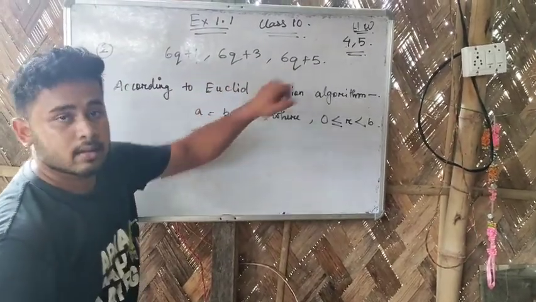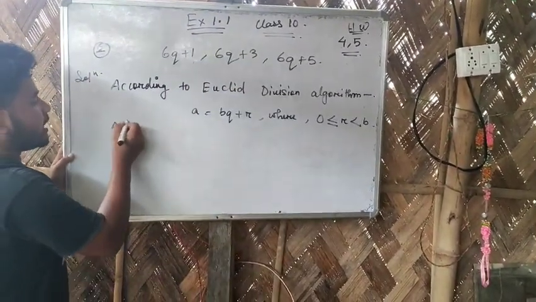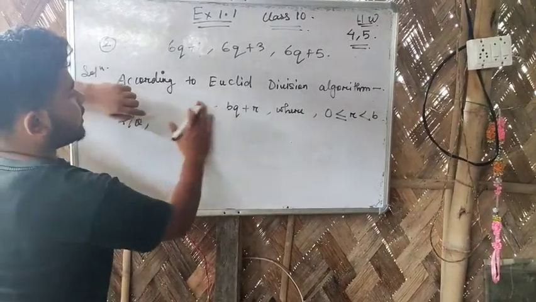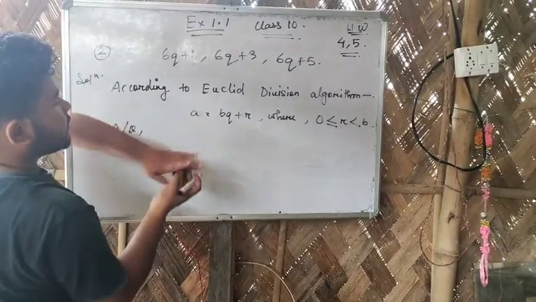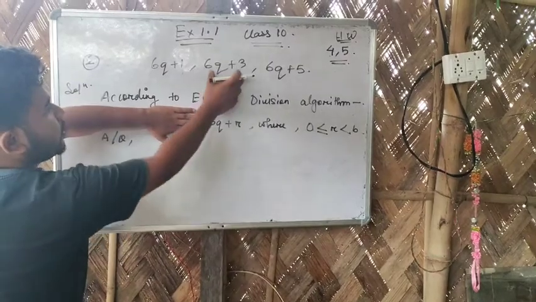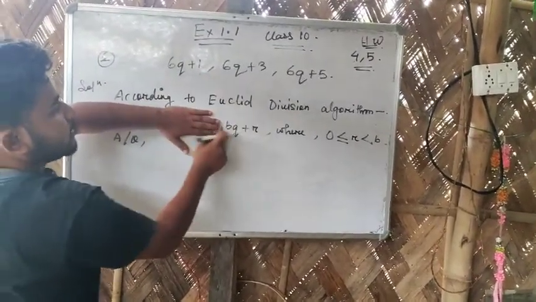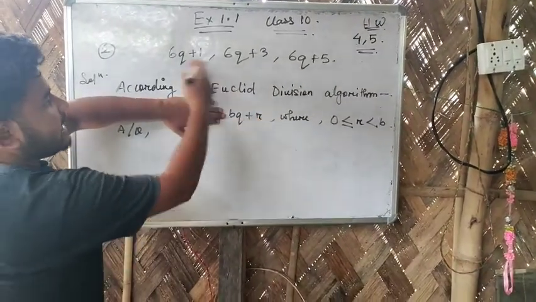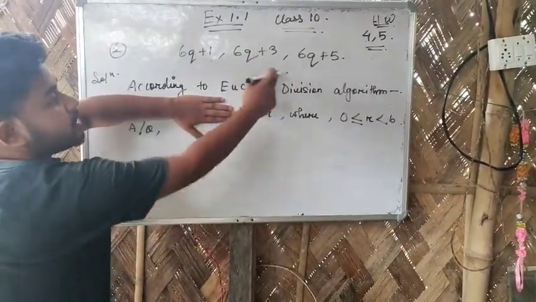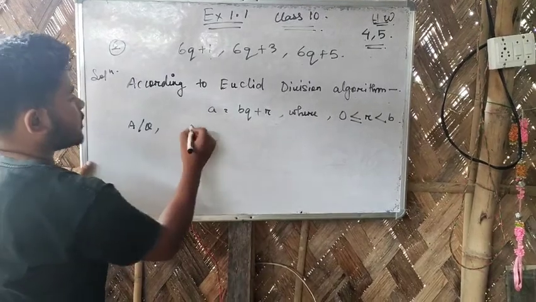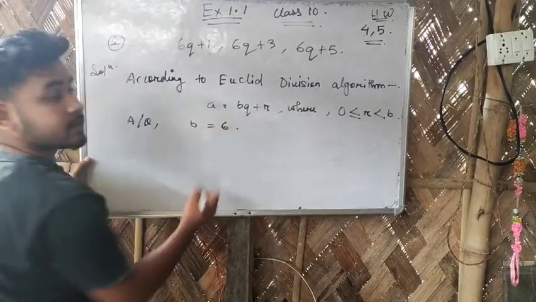6. So according to the question, if you compare with each and every expression, B is 6 in each and every case. So we can write B = 6.